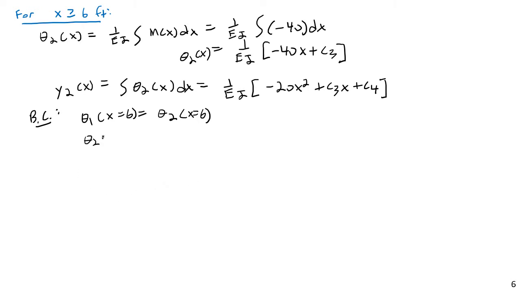And theta 2 at x equals 6, if I substitute 6 into my previous expression, I will get negative 492 over EI. Actually, let me just do it right and proper. So that's going to be 1 over EI times 11 times 6 squared, minus 6 to the third over 3, minus 136 times 6.